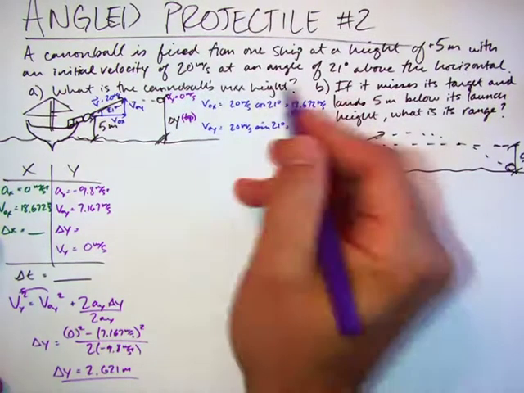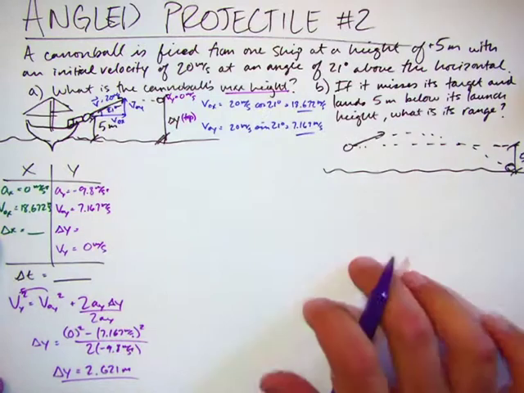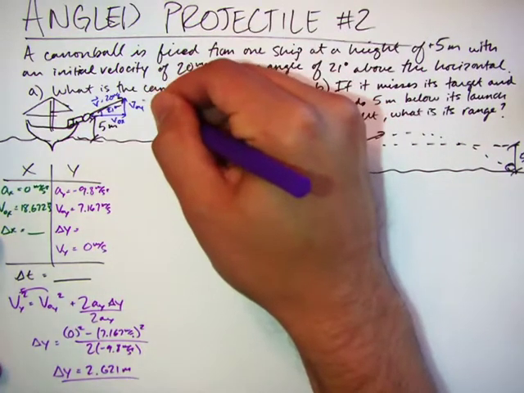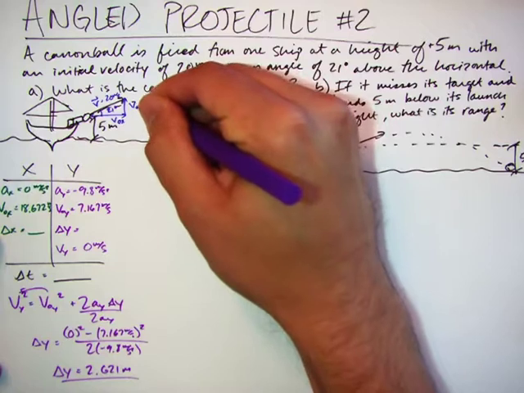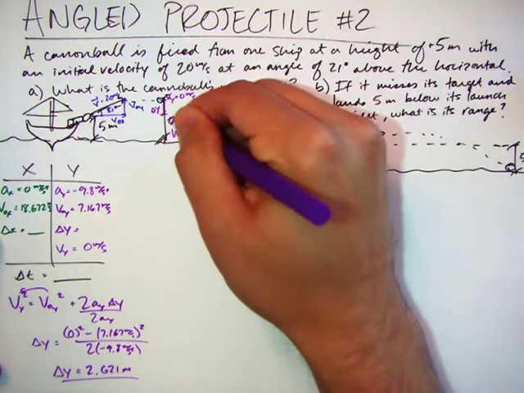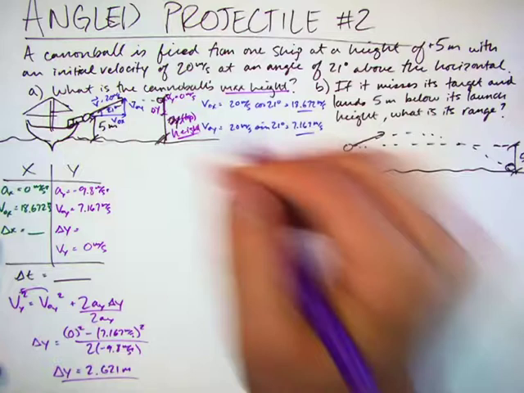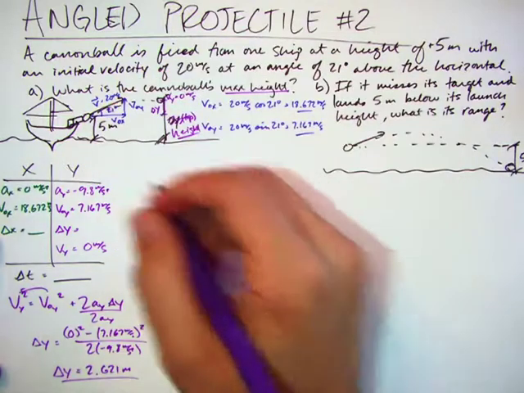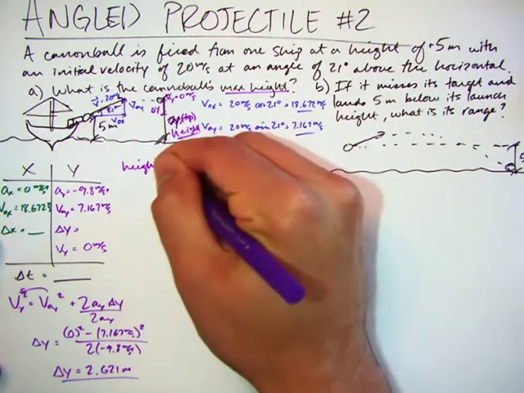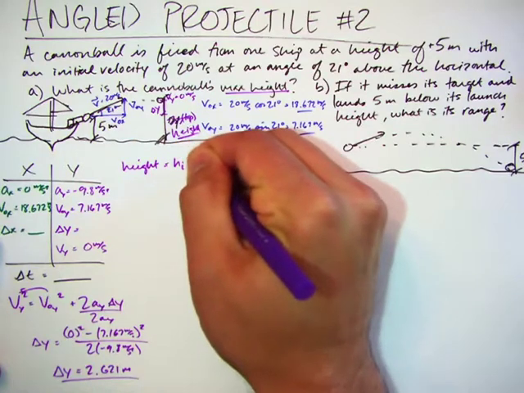Now, is that my answer? Is that my max height? Well, no, because that's just telling me my change in y. Right? I should just call that delta y. I should really call this the height. So if I'm asked a question about max height and I have an initial height, to get my final height, I need to take my initial height plus my delta y.